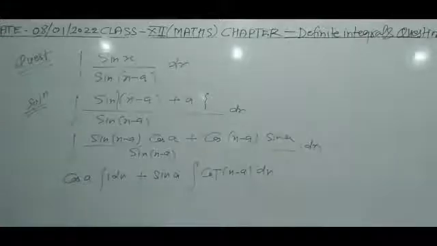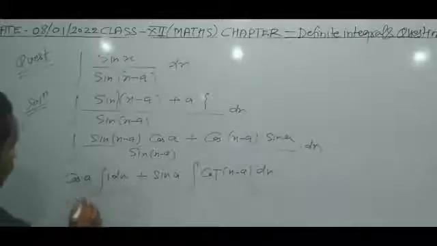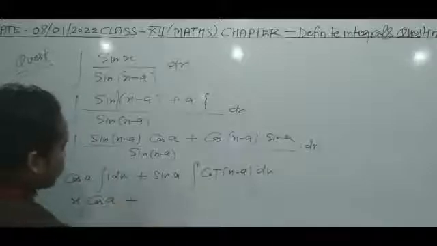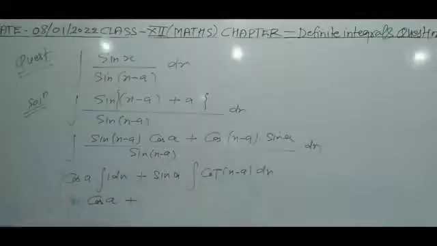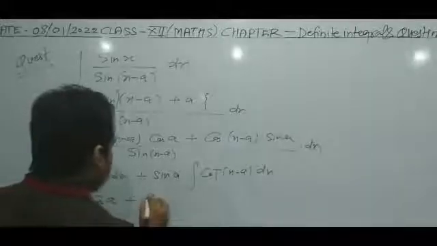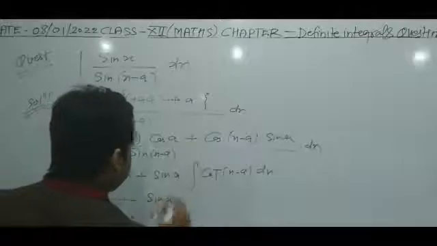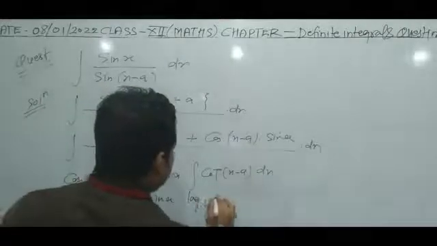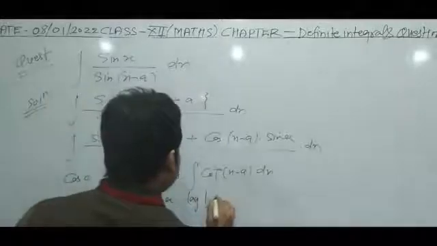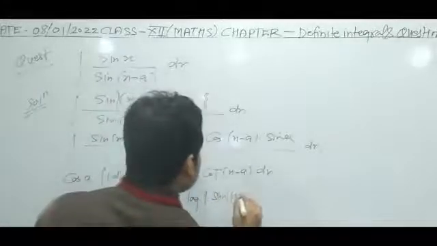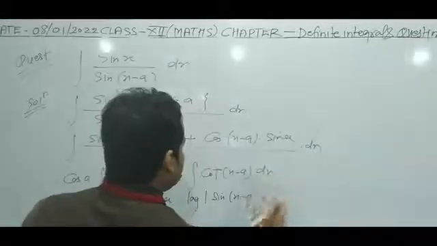Now the 1 dx result, you know, this is x. So x times cos a plus the integration of cot of (x minus a), whose result is log of sin of (x minus a). So sin a, I am copying here, sin a into log of mod of sin of (x minus a) plus c.